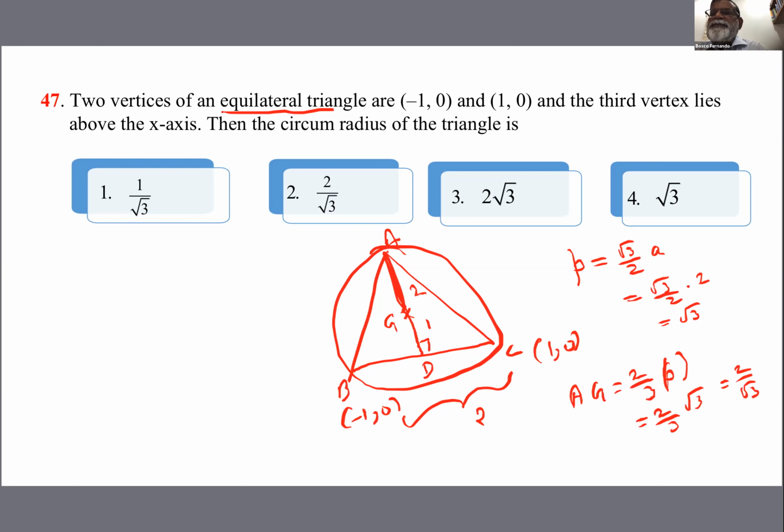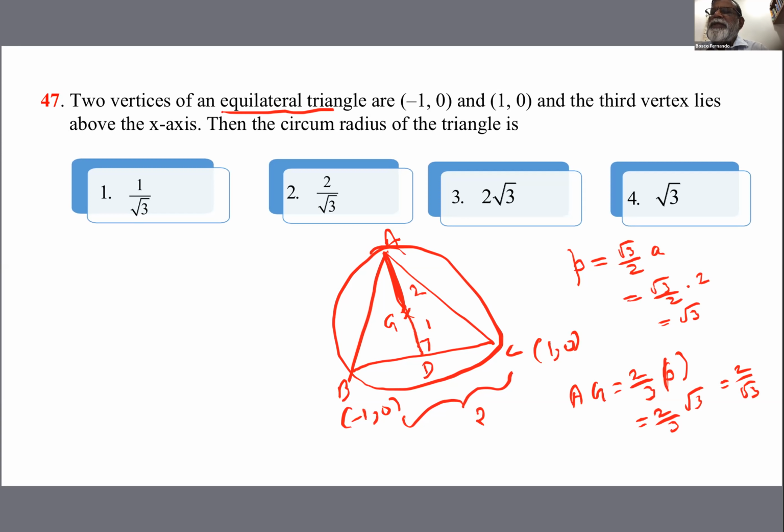I repeat once again. In an equilateral triangle, the in-center, centroid, circumcenter, and orthocenter coincide, because it is an equilateral triangle.